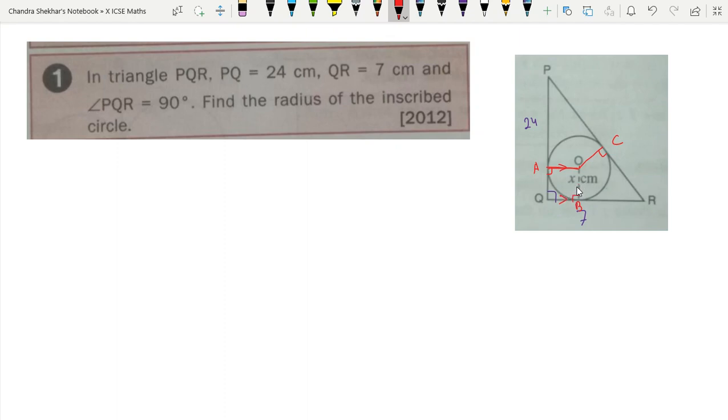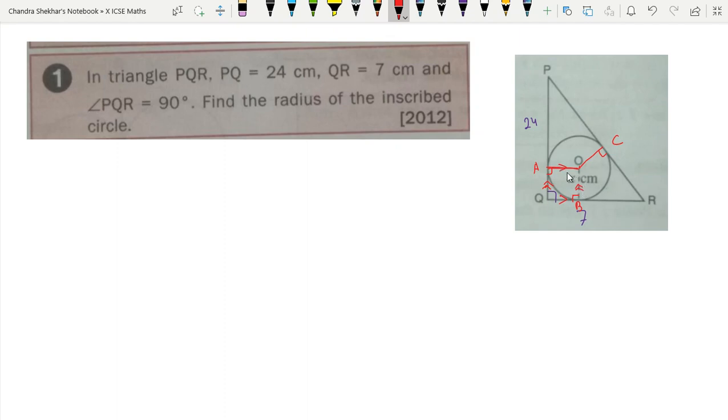So therefore these two also are parallel to each other, right? Both pairs of opposite sides are parallel in a quadrilateral, so it becomes a parallelogram. And if one of the angles is equal to 90 degrees, it is a rectangle. All the angles will become 90 degrees. So therefore we know that AQBO is a rectangle.